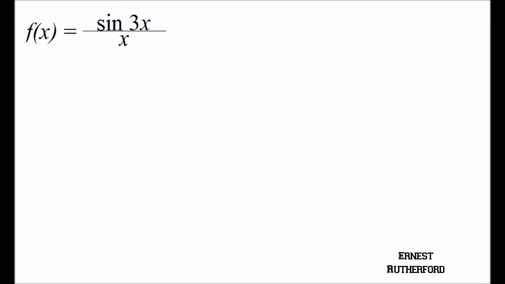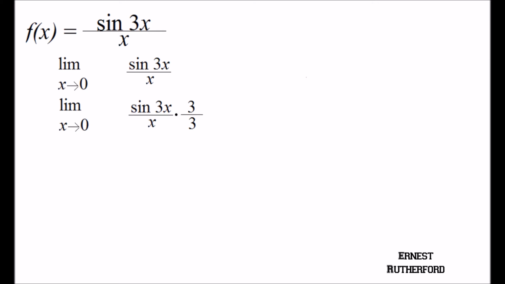Start with this function sin of 3x over x. To get the limit of this function, we cannot directly substitute because it will be 0 over 0. So the first thing you need to do is multiply the numerator and denominator by 3 to get 3x on the denominator. After that, you should be getting 3 times sine of 3x over 3x.